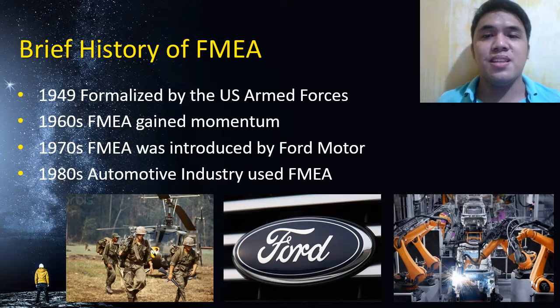In the 1980s, the automotive industry began implementing FMEA by standardizing the structure and methods through the Automotive Industry Action Group. Although developed by the military, the FMEA method is now extensively used in a variety of industries including semiconductor processing, food service, plastics, software, aeronautics, automotive, and healthcare.